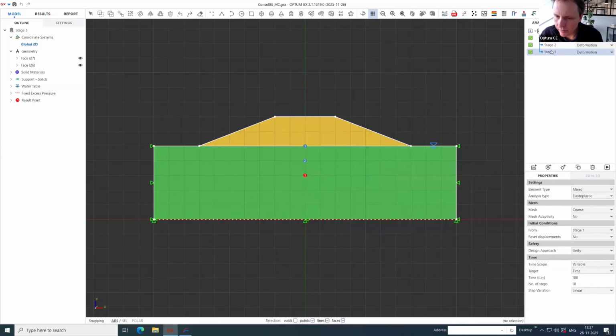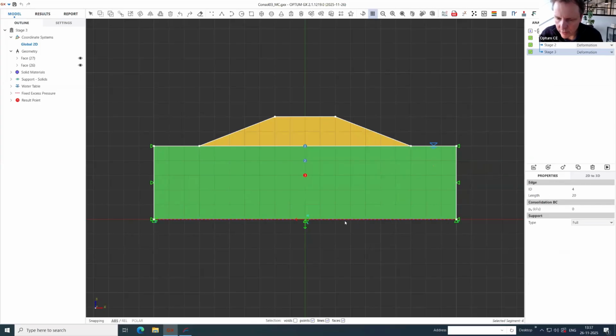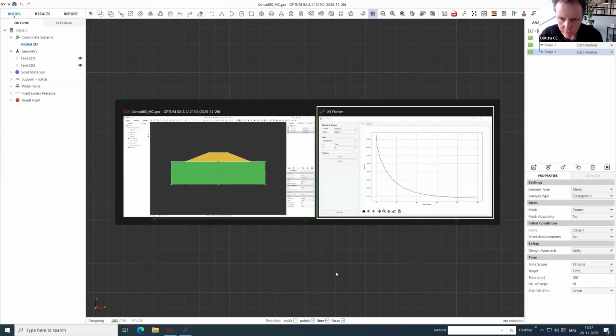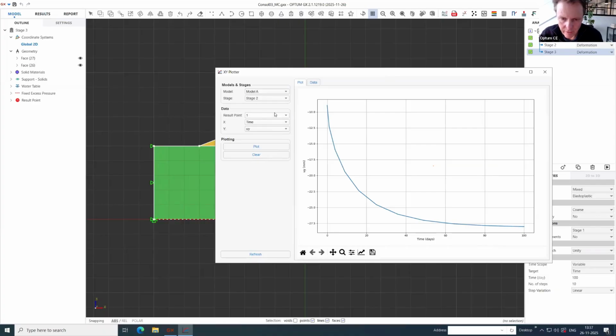And then stage 3, that's the one with the fixed excess pore pressure equal to 0 here at the bottom. And we should expect that to drain faster. And it does drain significantly faster. The drainage height, if you like, is halved, and we know there's something with the drainage height squared, right? So it happens a lot faster.